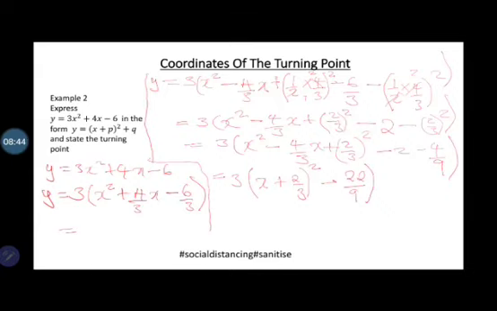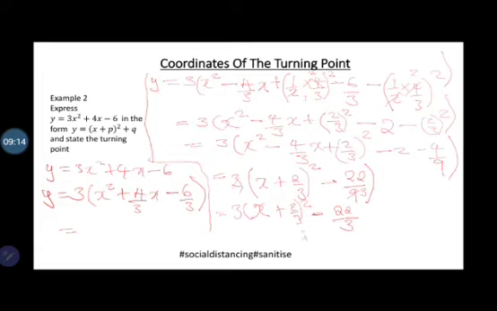Before we get our p, remember that we factored out this 3 for everything here. Let's redistribute it again. Let's expand this bigger bracket. So we're going to have 3 times x plus 2 over 3 squared. Negative times positive will still be negative, and 3 times the last term, 3 in there is 1, 3 in there is 3, will give us minus 22 over 3.